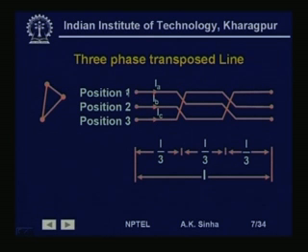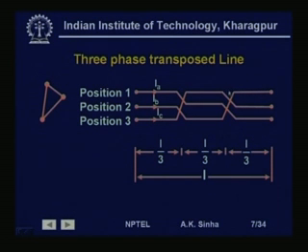Like if we see here, for first 1/3 length of the line, the position of conductor of phase A is in position 1, phase B is in position 2, phase C is in position 3. Now, for the next 1/3 length, what we do is the phase A conductor goes to position 2, phase B conductor goes to position 3, and phase C conductor goes to position 1.